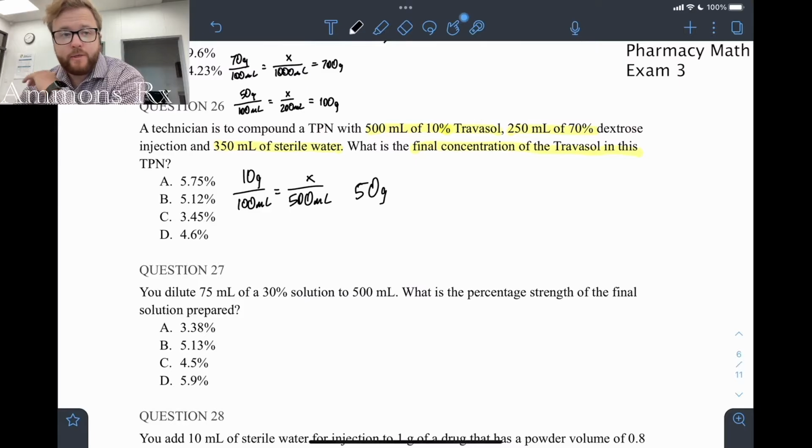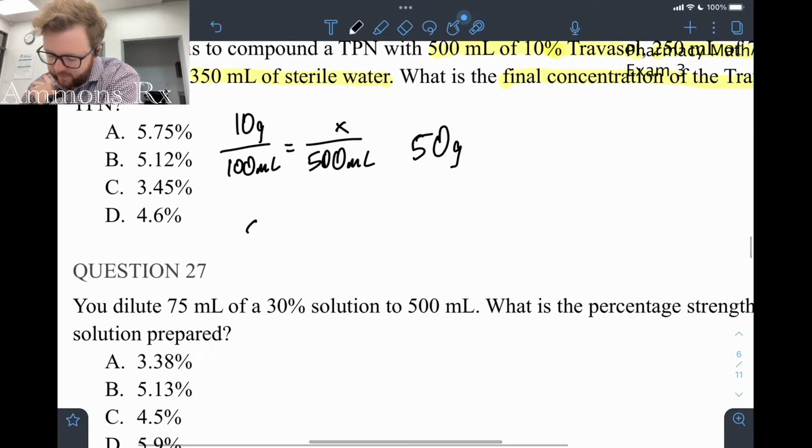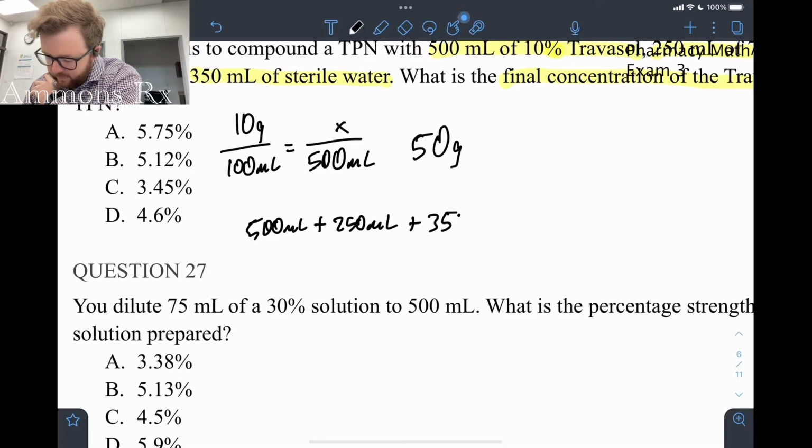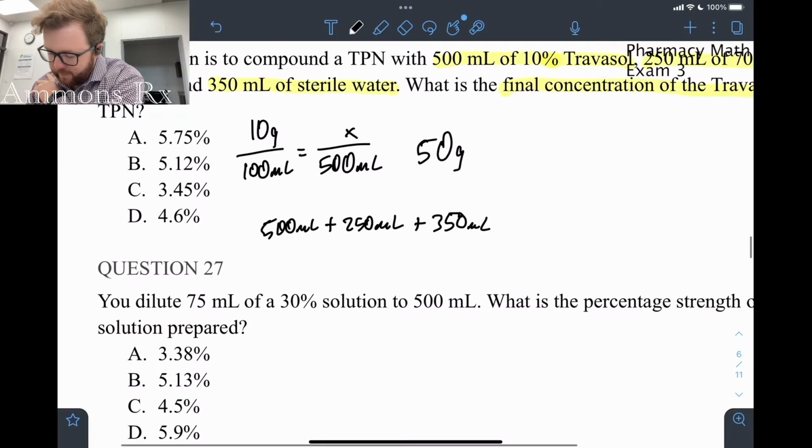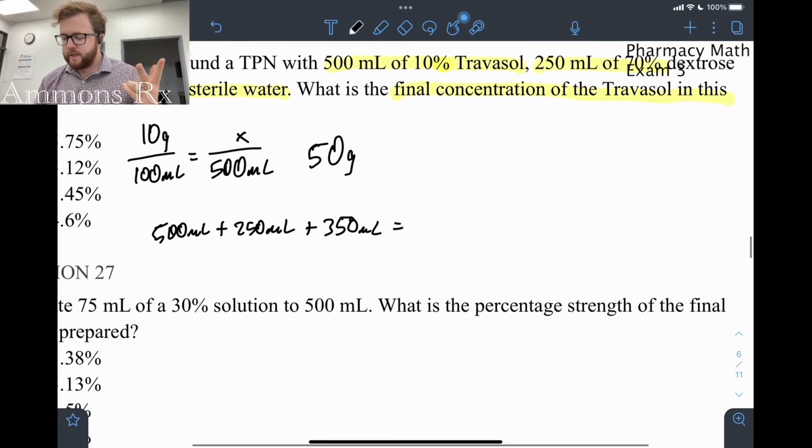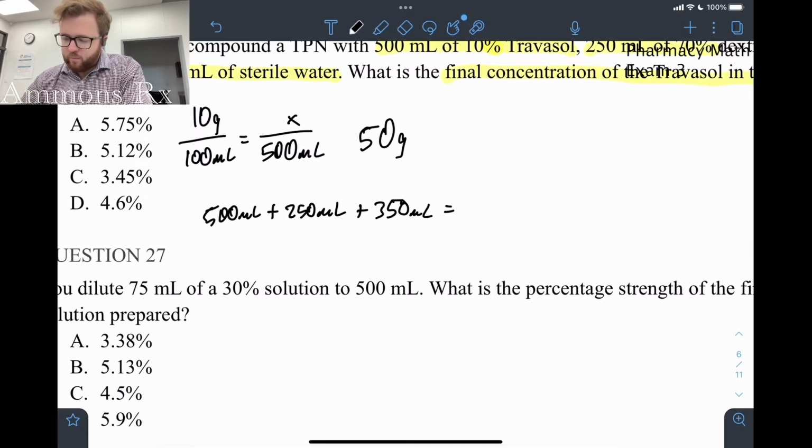But the last part we need to understand is that we have 3 different ingredients that have volumes. So we need to add them together. We need our 500 mils plus 250 mils plus 350 mils of sterile water. Travasol, dextrose, sterile water. 500 plus 250 plus 350 is 1,100 mils.